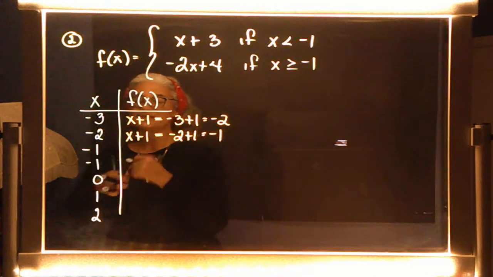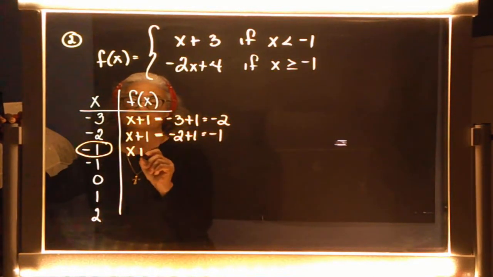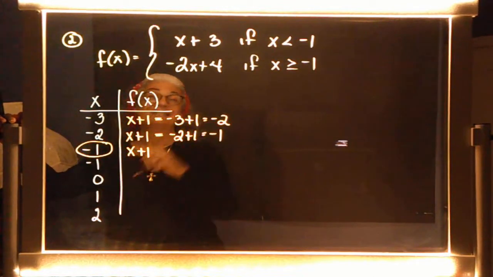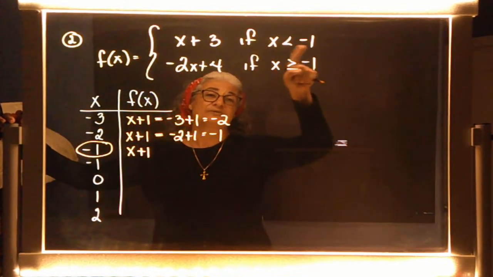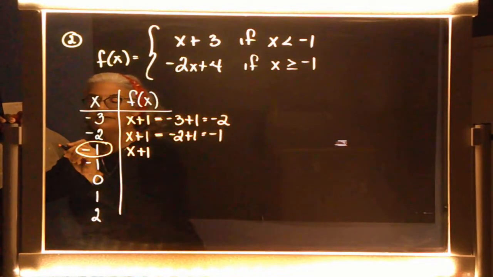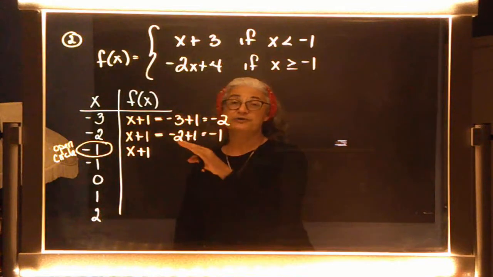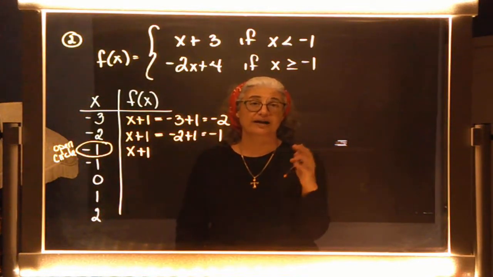Now, if I plug in the negative 1 here to the first piece, is x actually allowed to be negative 1 on the first piece? No, it's not. So on this one, remember, just like the last problem, we're going to put an open circle on this one. This just tells me where this first piece is going to end when I look at the graph.